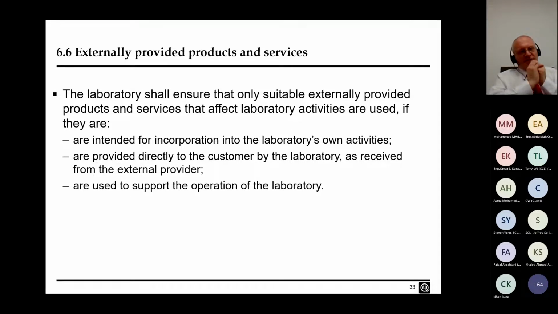Externally provided products and services. You're going to rely on some externally provided services. There are things that you're going to put into your own activities, things you're going to provide to the customer, and things that are used to support the operation of the laboratory.